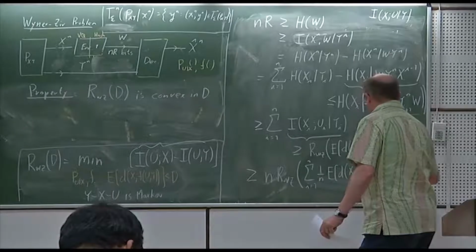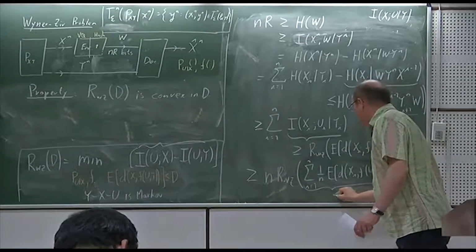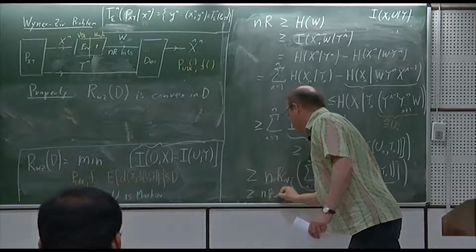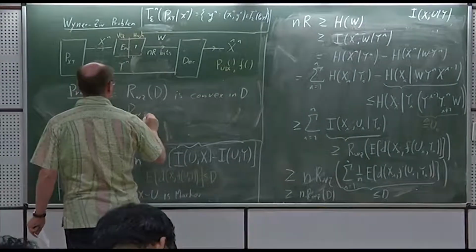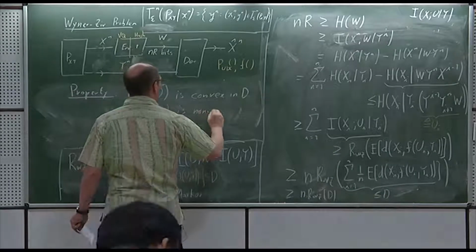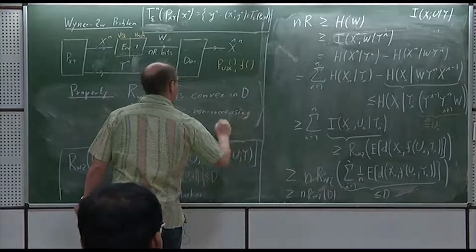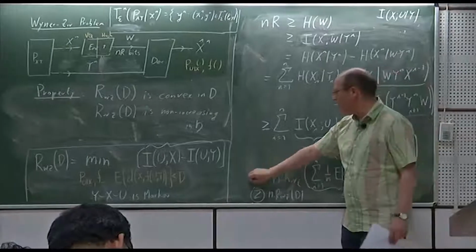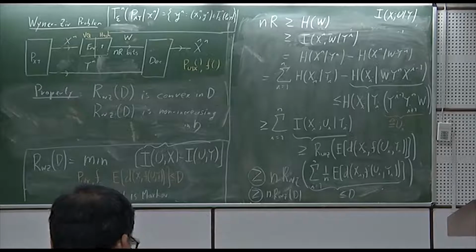And now I'm basically done because this is the distortion, and I know that this one has to be less than or equal to D. So this is bigger than or equal to n R_WZ of D because I have another property, and that is obviously that this is non-increasing with D. That's what I used here. The non-increasing property here, I used convexity. Convexity, non-increasing. Okay, that's the converse.